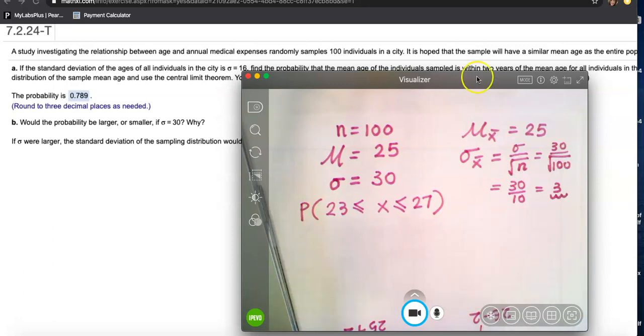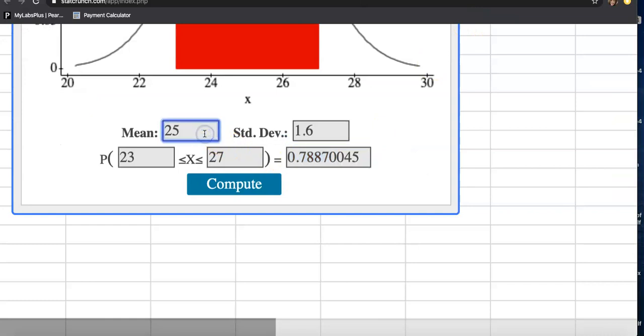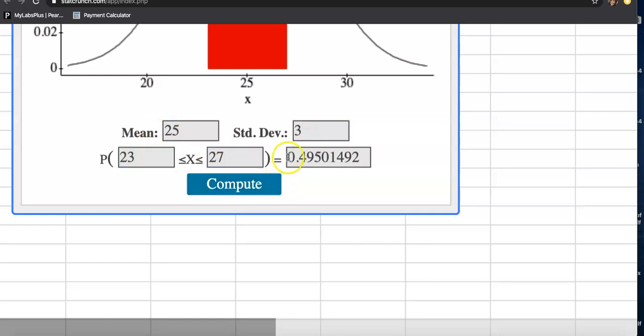But let's find it. It's a good practice to use that normal distribution calculator on Statcrunch. Hello, Statcrunch right here. So mean is 25. That's still the same. But I'm changing the standard deviation to 3. And then keep the same 23 to 27. If I compute it, I got the probability to be 0.495.